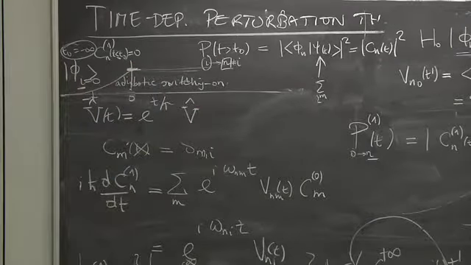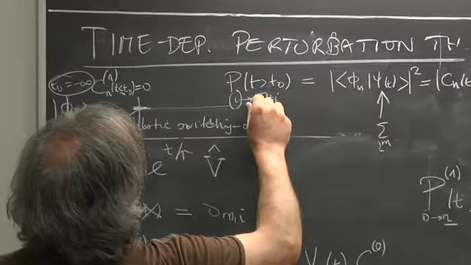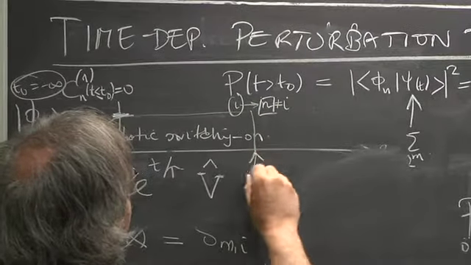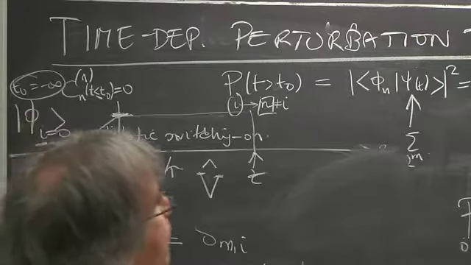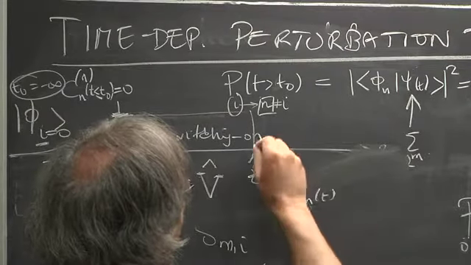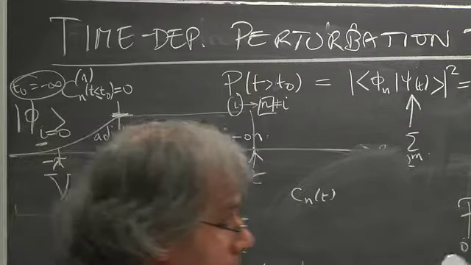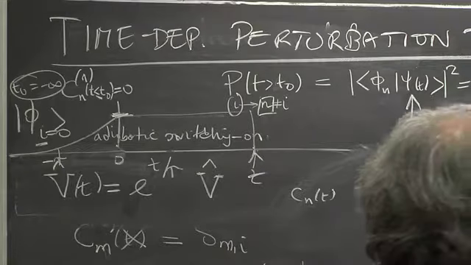I ask you, what is the state at any time t? In other words, I want to know the coefficient Cn of t, later on. Obviously, I want to stop at first order, okay? No second order, okay? The solution is very, very simple.